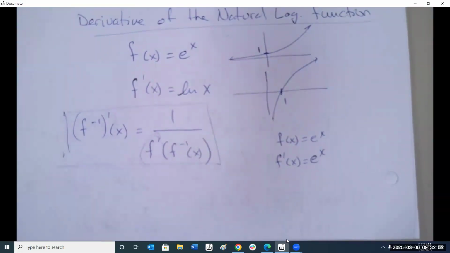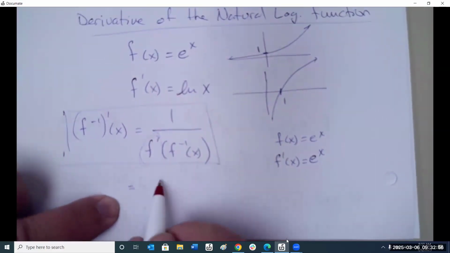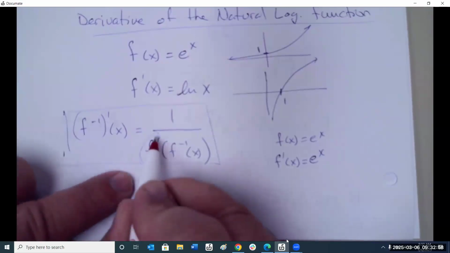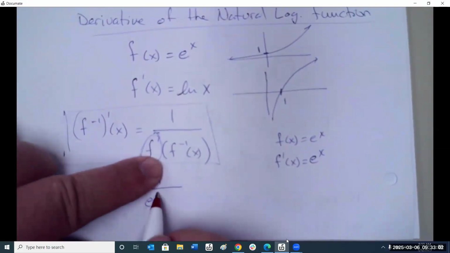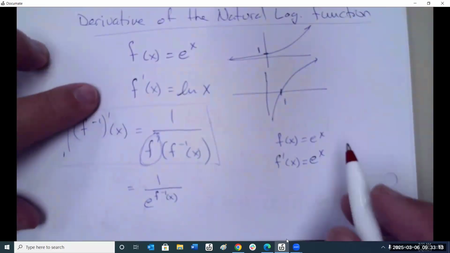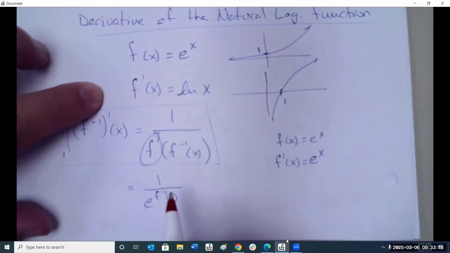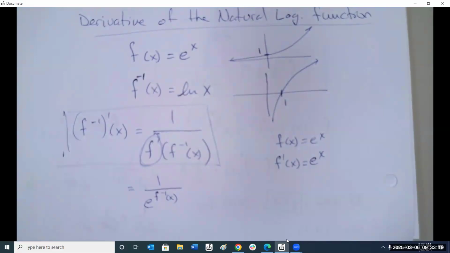The derivative of e to the x is e to the x. So the outside is e. So our x value is the inverse function. I'm sorry, this is not the derivative, it's the inverse function. I'm sorry. The inverse of that is ln x.